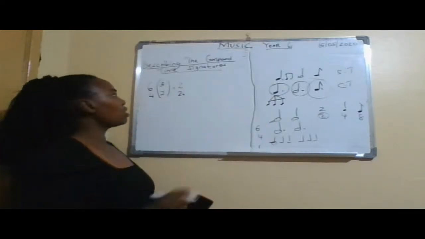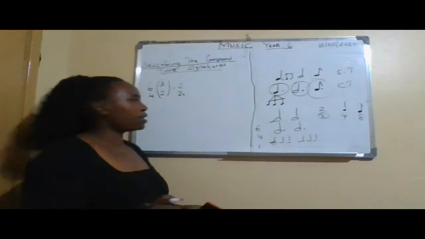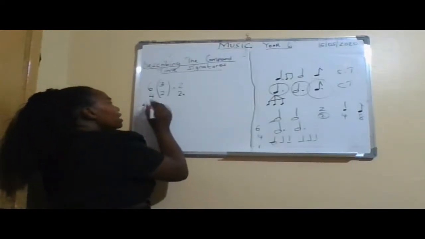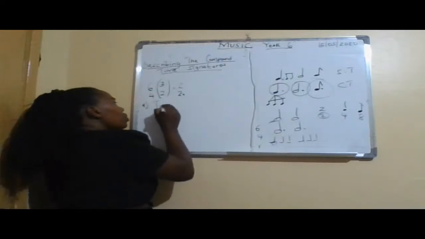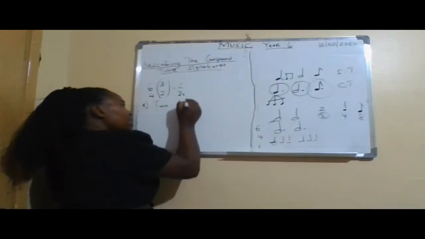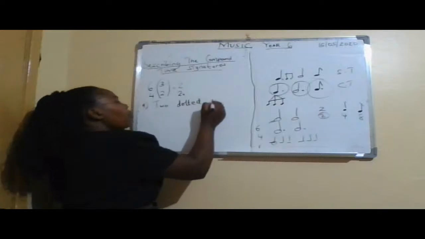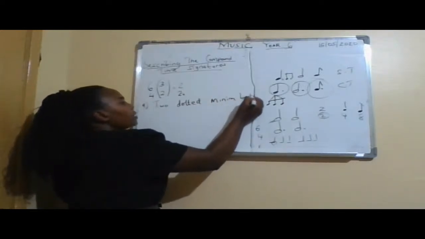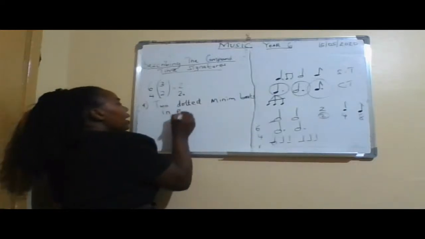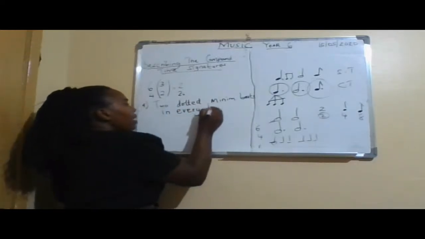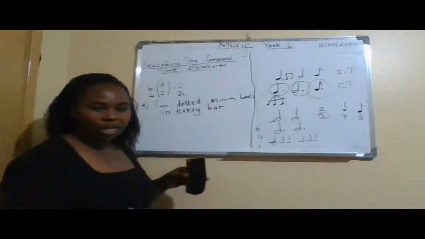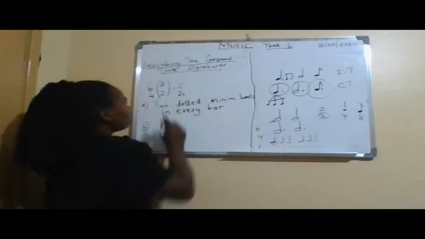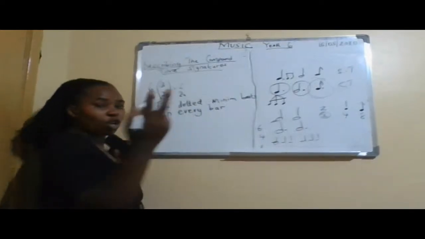So the first way to describe this one will be 2 dotted minim beats in every bar. That is one way. The second way of doing this is saying that 2 stands for duple.